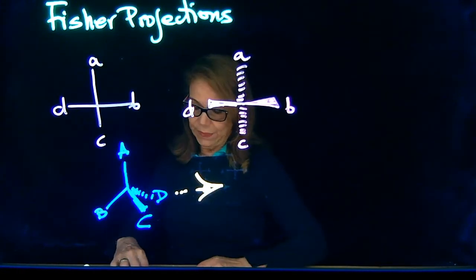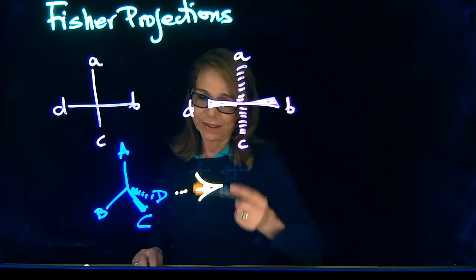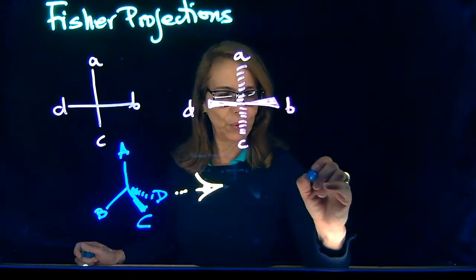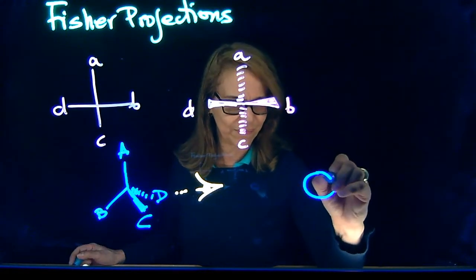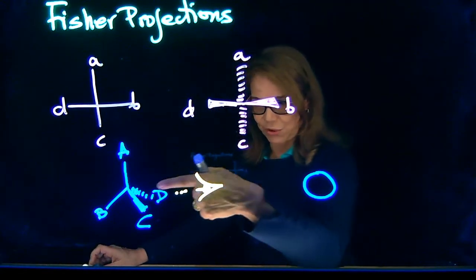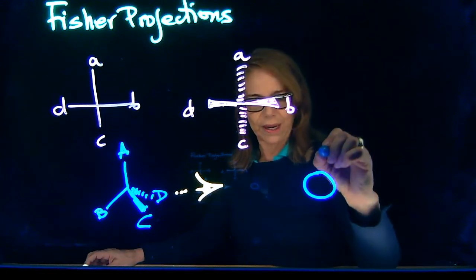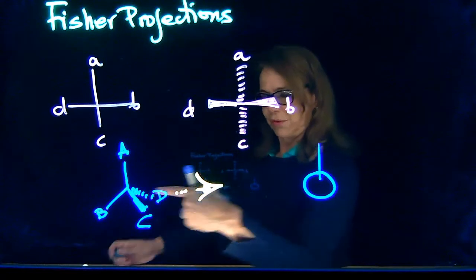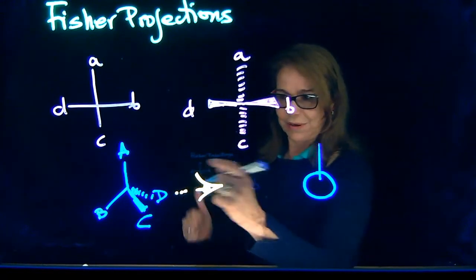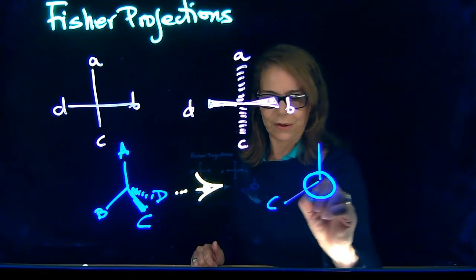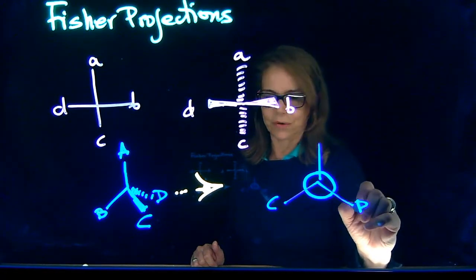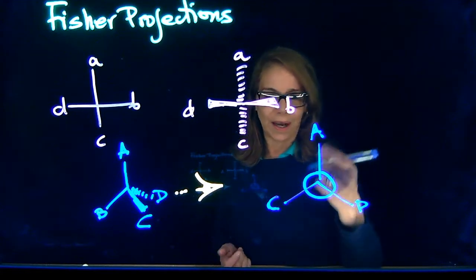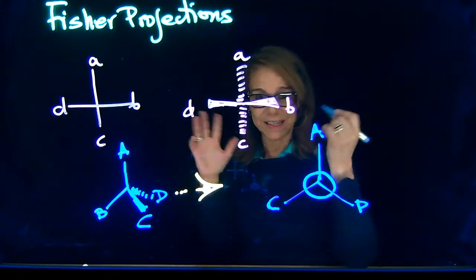Now, if you were doing the Newman projection of that, looking at that projection, we would do a circle. And if this is your view, you will see A is here, C is going to be here, and D is going to be here. A, B, and you don't draw anything else because B is actually an atom that is behind you.